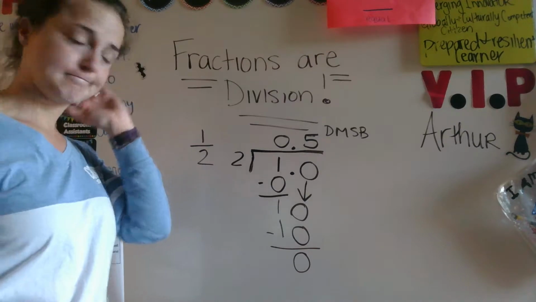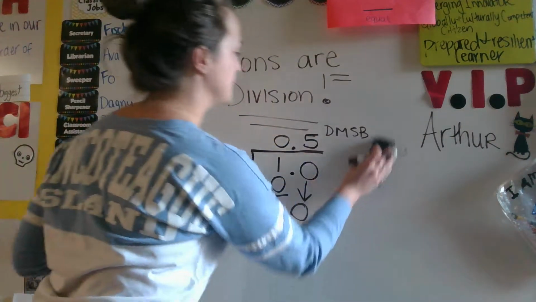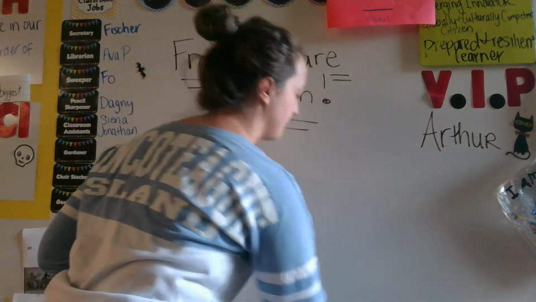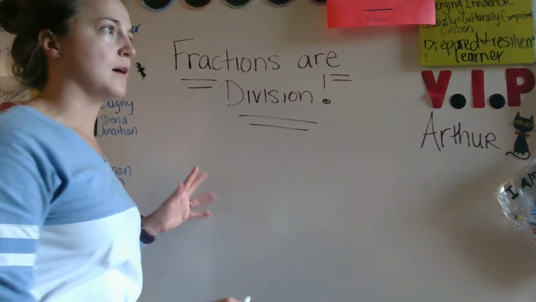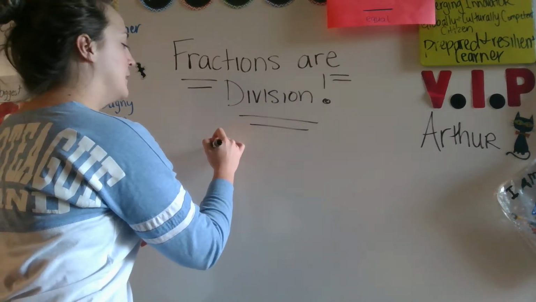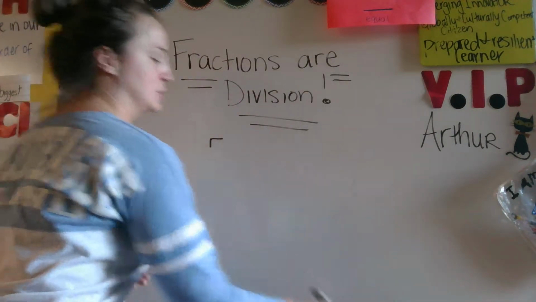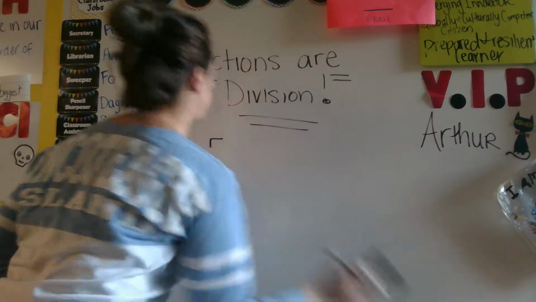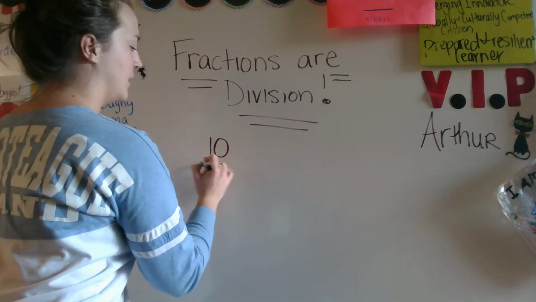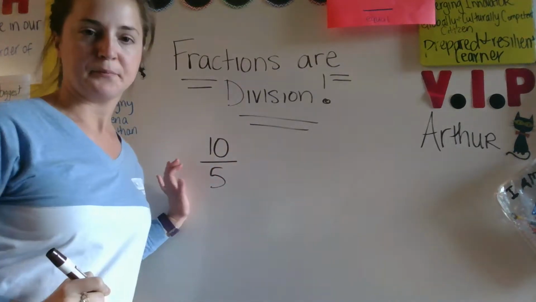Okay? We can look at another one that actually is what we're going to see some of in our practice today. But say we have a larger number on top. I'll use 10. Okay, say I have 10 on top, and my bottom is 5.